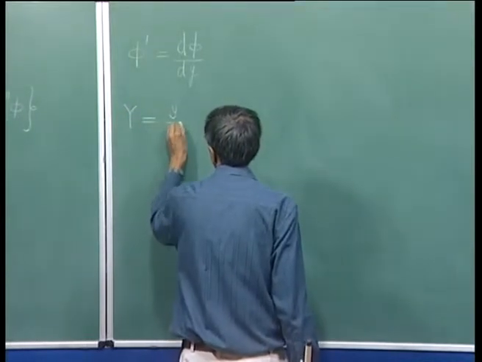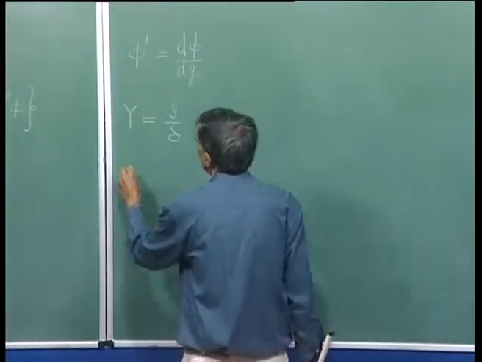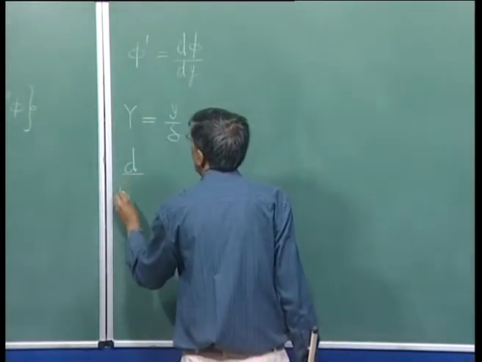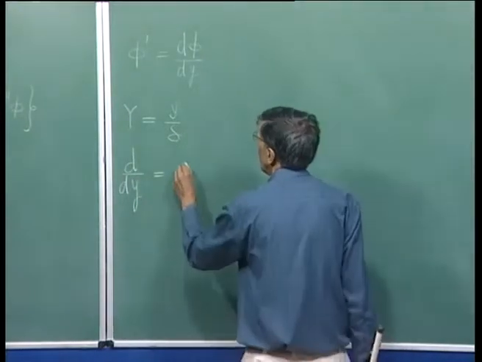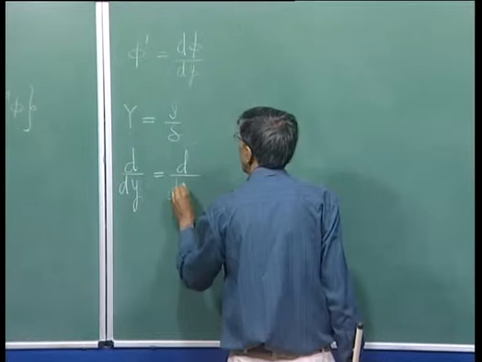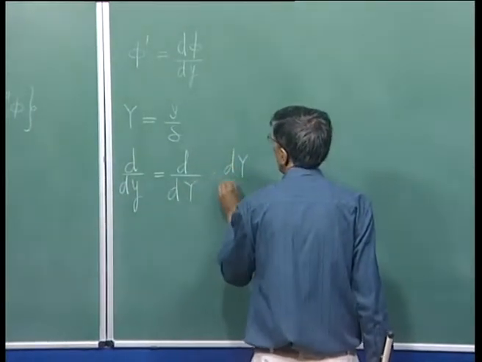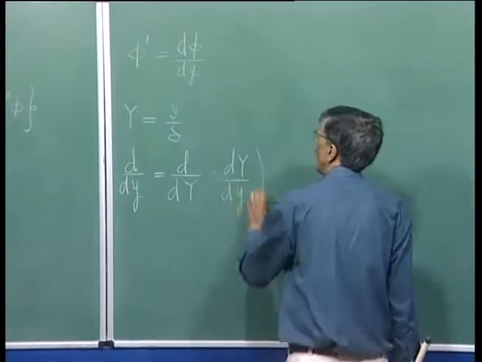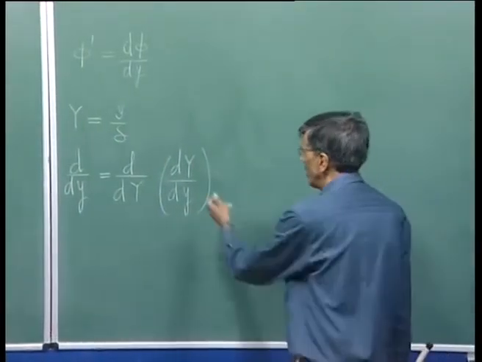This is y over delta. So, what I could do is basically write d dy should be equal to d d capital Y times this, very easy.